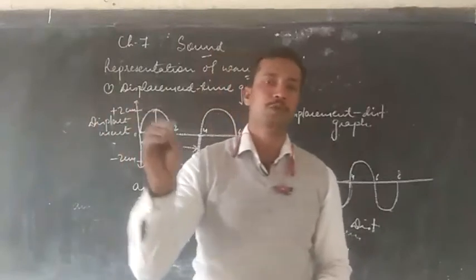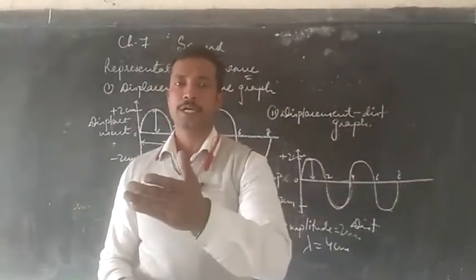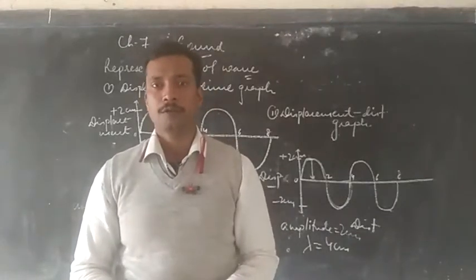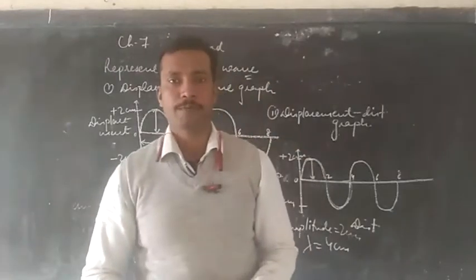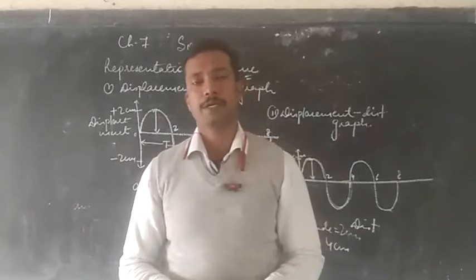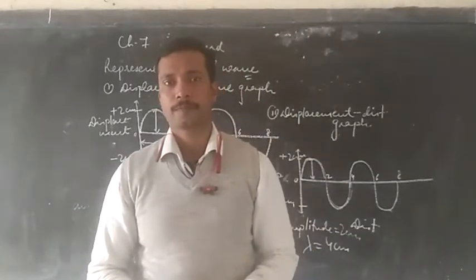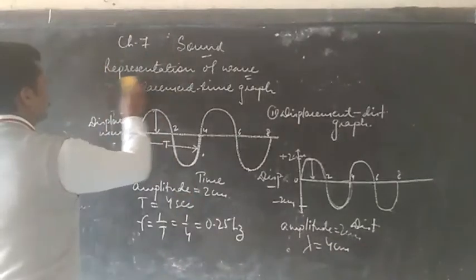Whether the sound is produced by an instrument like harmonium or guitar or tabla, or by any specific person, it is due to these characteristics that we can come to know. So let us discuss more about these characteristics of sound.